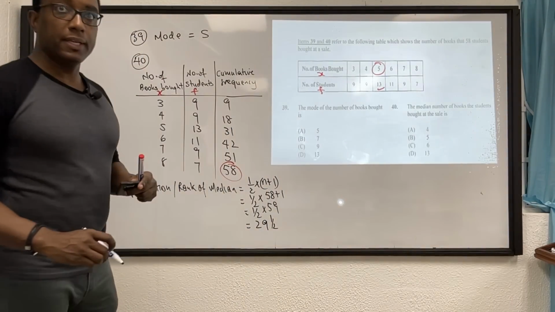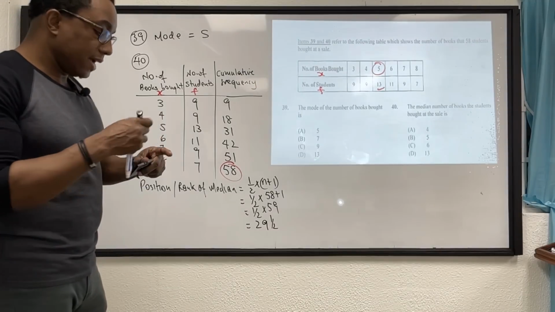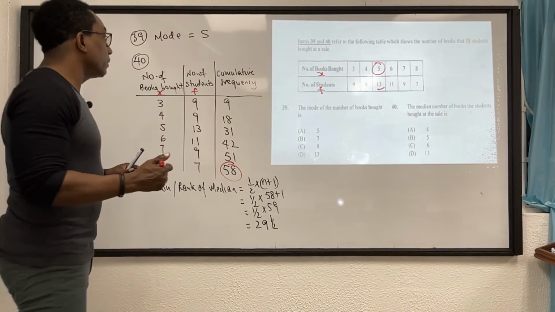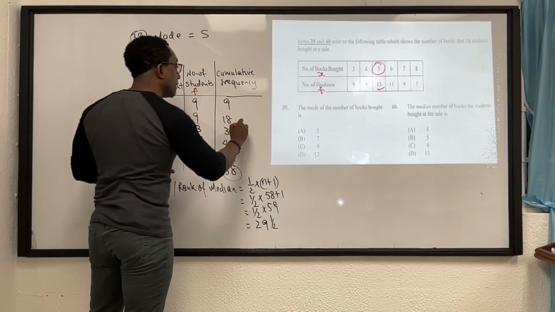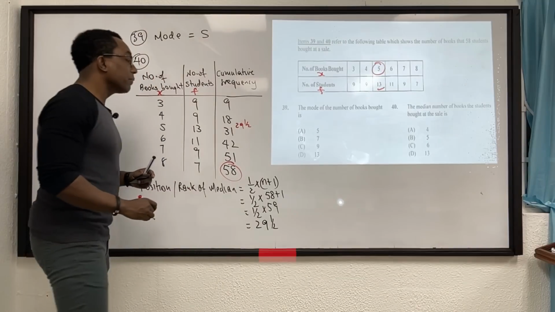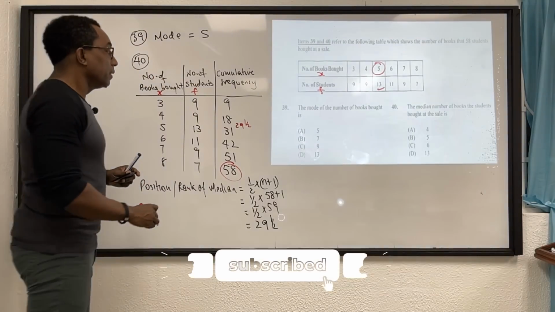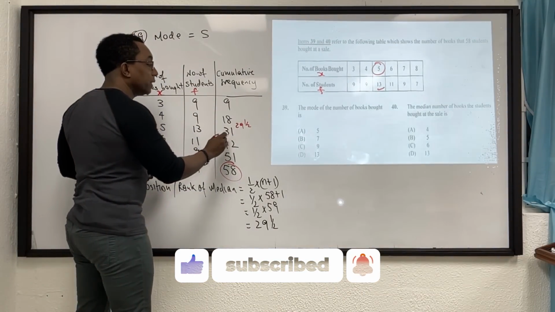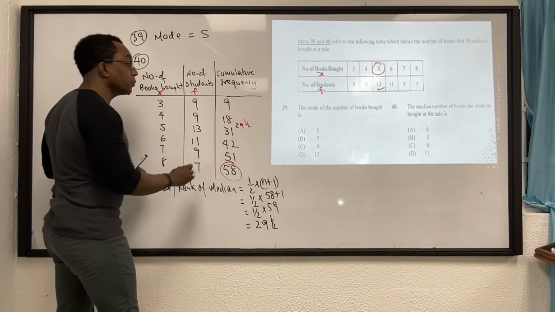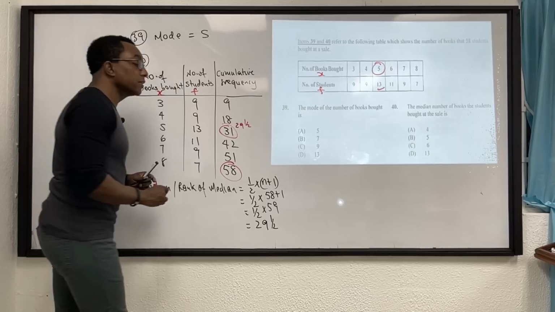Or rank, yeah? So the 29th and a half rank will occur between the 18th and the 31st rank. So this is 29 and a half here. And what we're going to do in this case is always approximate to the higher rank. So we will approximate 29 and a half to the 31st rank.